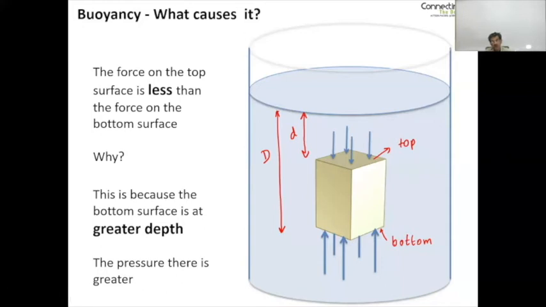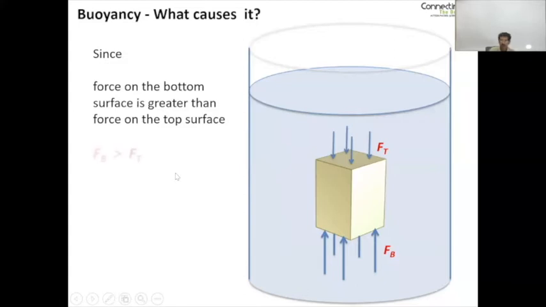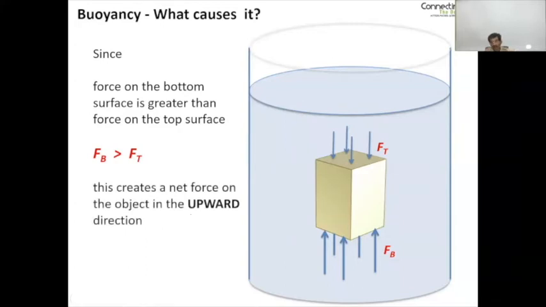The difference in the depths between the top and the bottom creates a smaller force on the top and a greater force on the bottom surface. Since the force on the bottom surface is greater than the force on the top, we can call it FB greater than FT. This creates a net upward force.